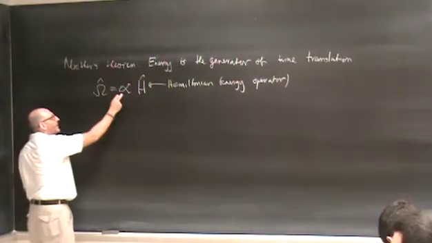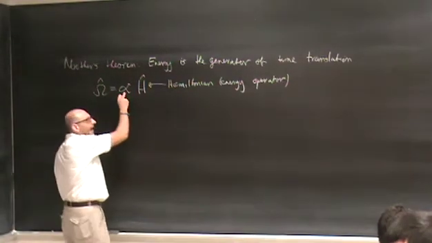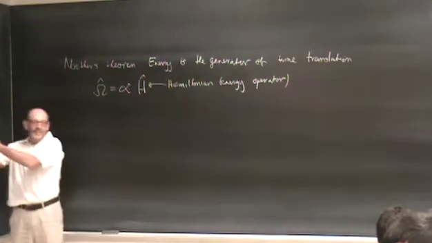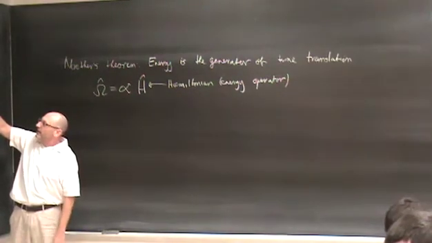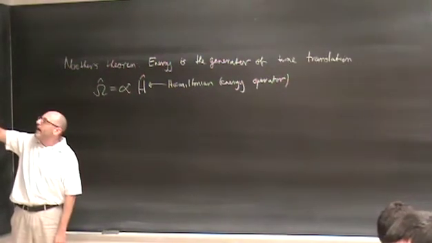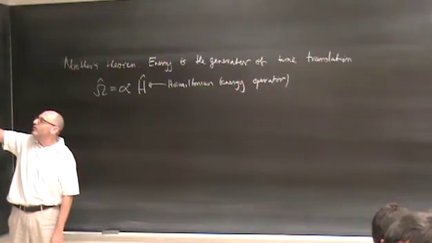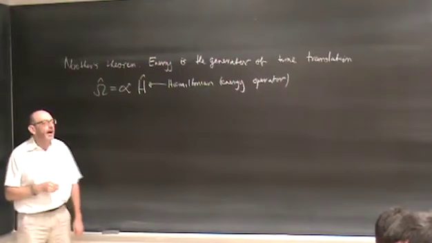And we argued last time that this is some constant of the universe that has to have the units of energy. One over the constant has to have the units of one over energy times time, right?